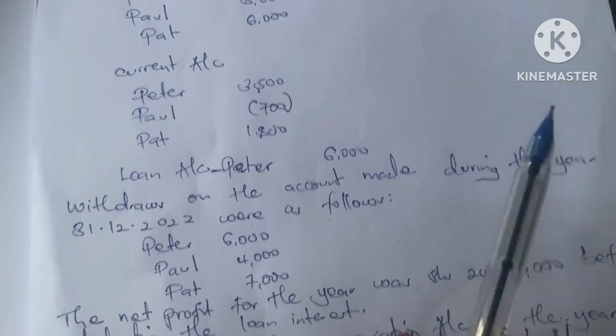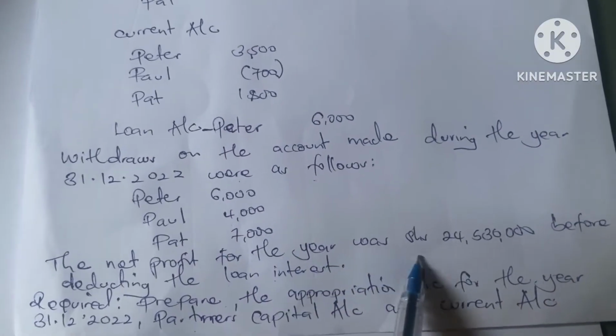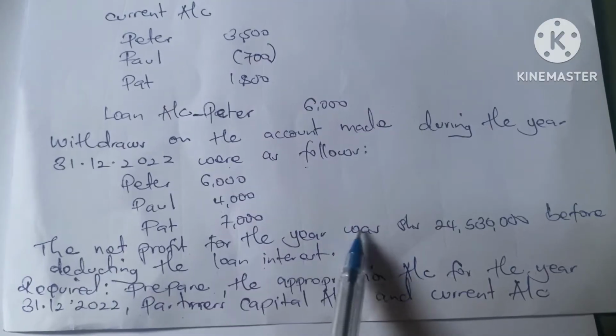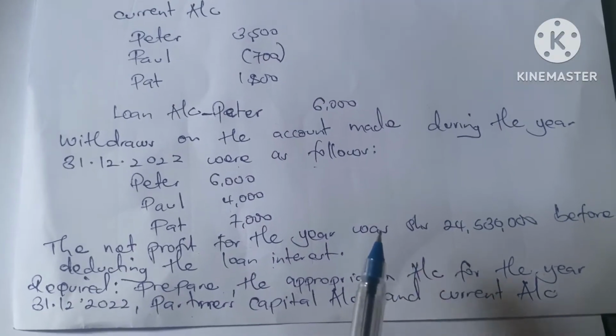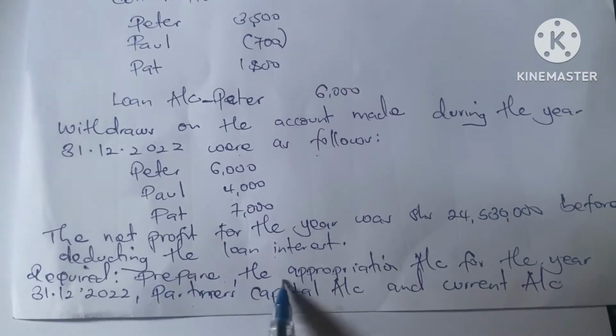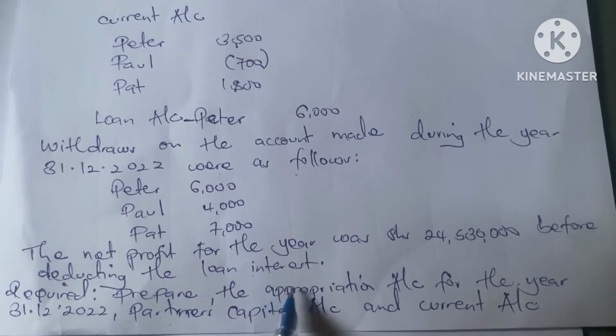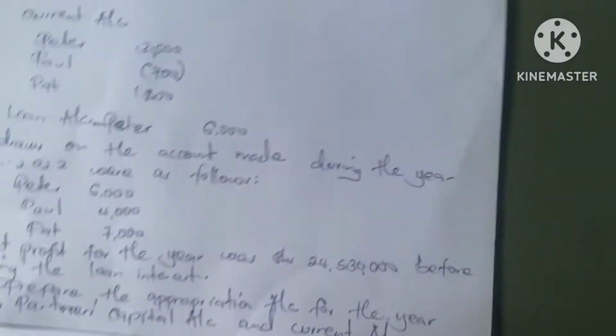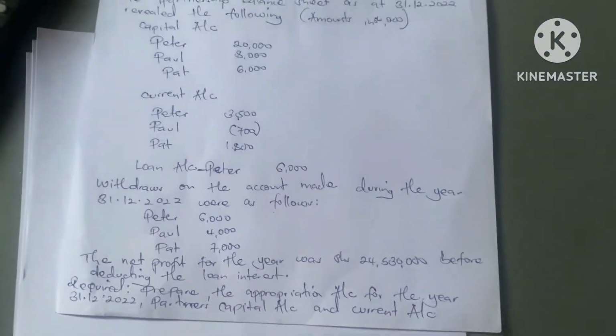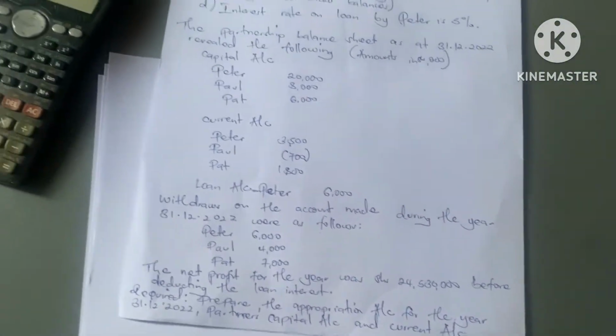Then the net profit for the year was this, before deducting the loan interest. We are required to prepare the appropriation account for the year, the partners' capital accounts, and the current accounts. So we are going to start with the appropriation account.